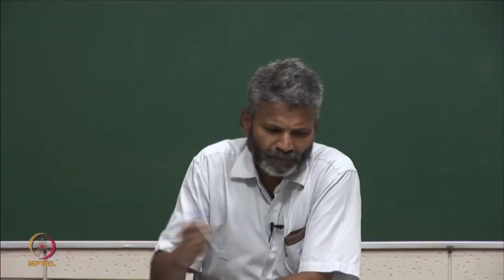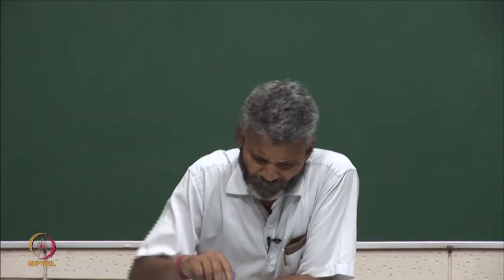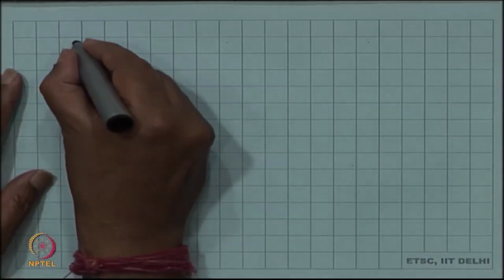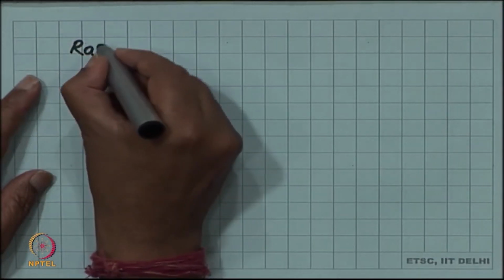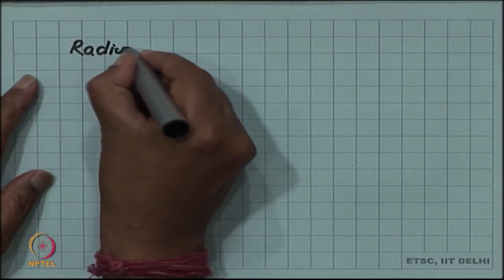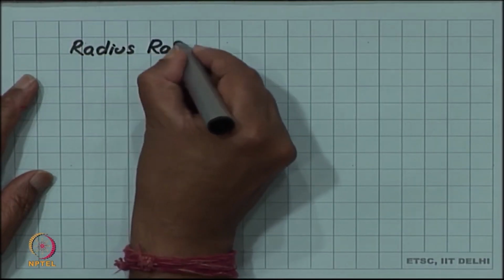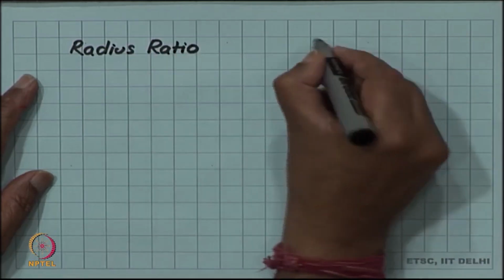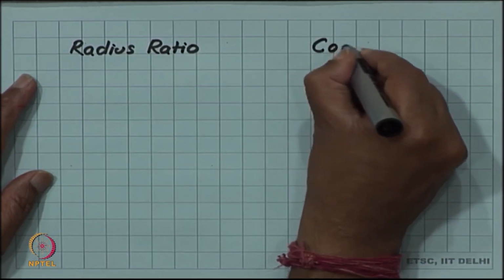Yes. So, let us summarize what we have said till now in terms of radius ratio and coordination number. Let us have a column of radius ratio and a column of coordination.